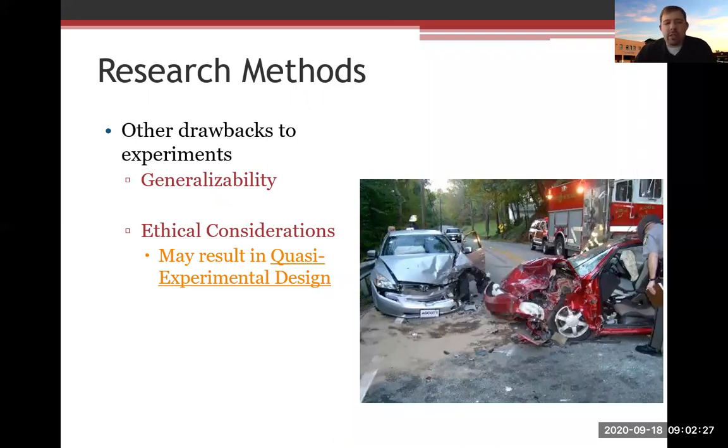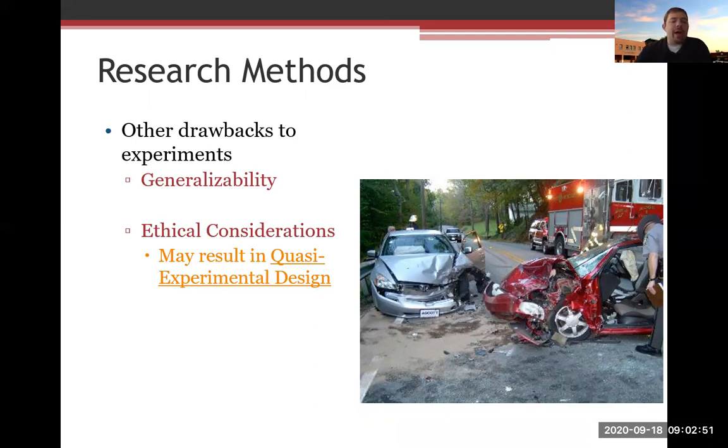One of the concerns there becomes generalizability. As in, does this data generalize into the real world? We have to put so many controls in place to be able to say this variable changes this variable that sometimes we over control to the point that we question, is it even possible to say that this is going to happen in the real world?